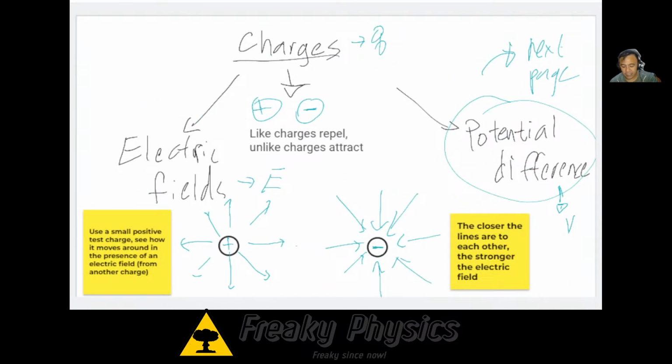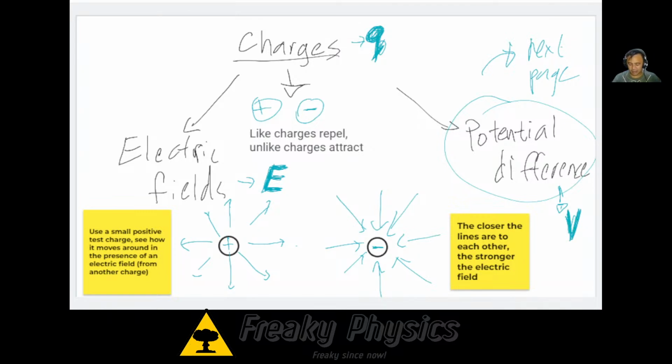Electric fields are E, and potential difference is V, along with EMF.